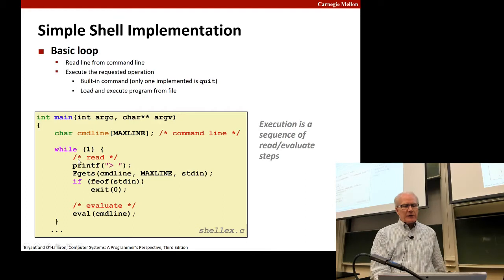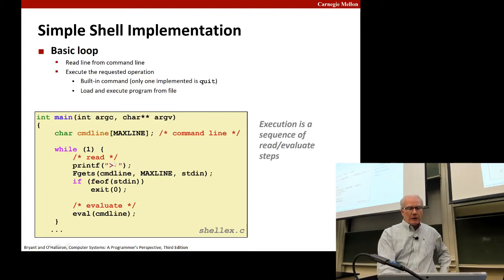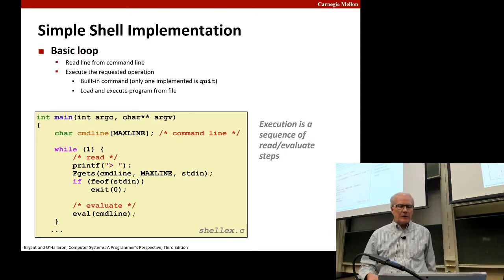But the basic idea is it's just in an infinite loop. Well, a loop that potentially loops forever, where it prints the prompt to the command line, then it waits until you type something in, and it reads that in with the fgets, and then it checks to see if it received an end-of-file, then you want to exit.